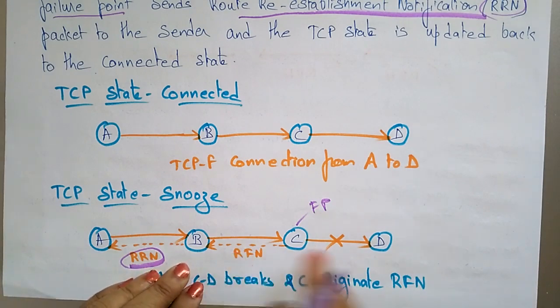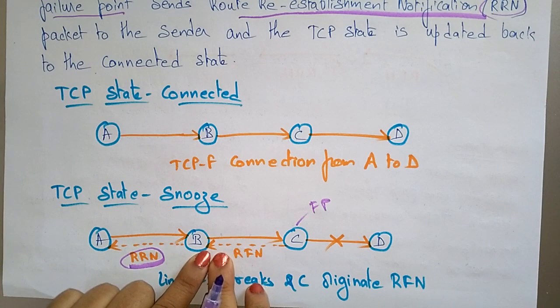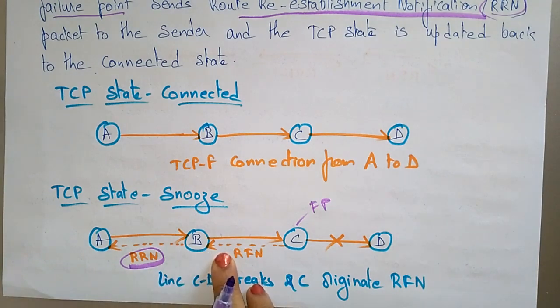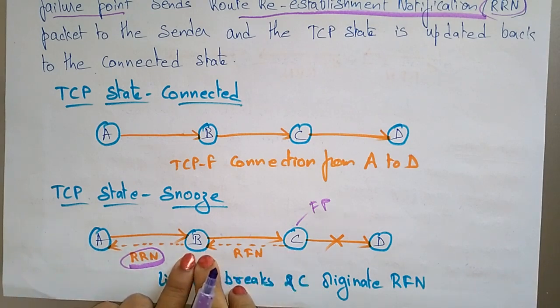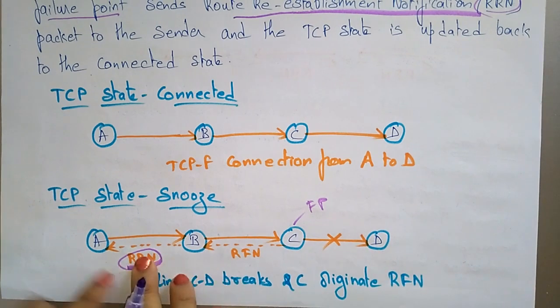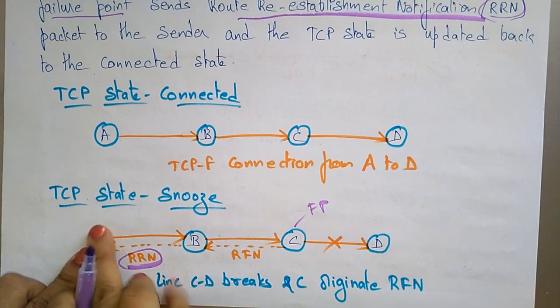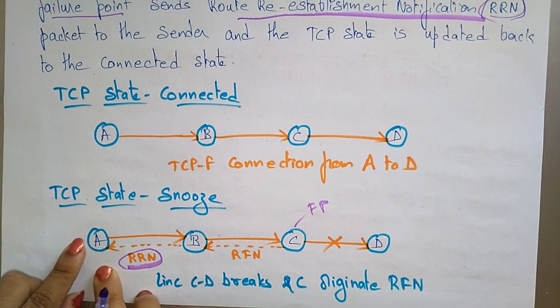Whenever the break occurs, it sends a root failure notification to B. Then B sends it on to A, but A is in snooze.